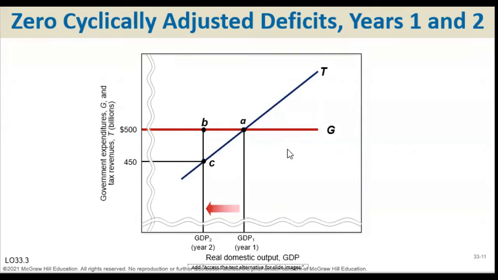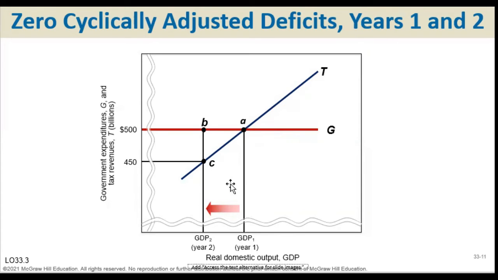What happened here in year 1, when we are at full employment, for instance, we are here, right? We balance the budget because our tax revenue is equal to the spending at G, right? So this is full employment.